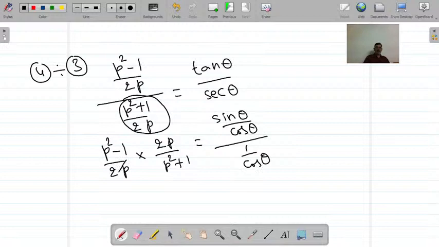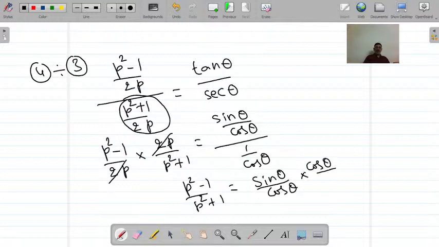Now this 2p cancel. So p square minus 1 by p square plus 1 equal to sin theta by cos theta into cos theta by 1. So we know that cos theta divides cos theta one time. So that's how you get sin theta for required proof.